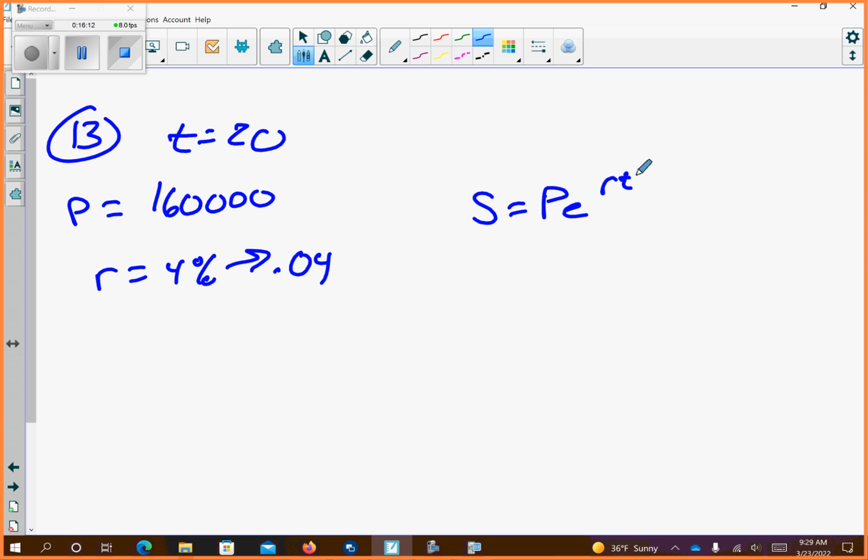And 14: suppose a country has a population of 20 million and projects a growth rate of 2% per year for the next 10 years. What will the population be in 10 years? So this works the same.